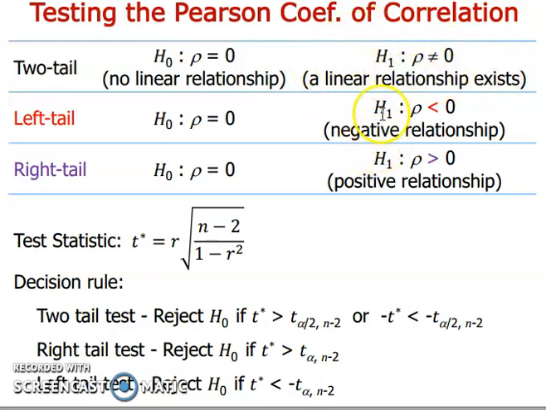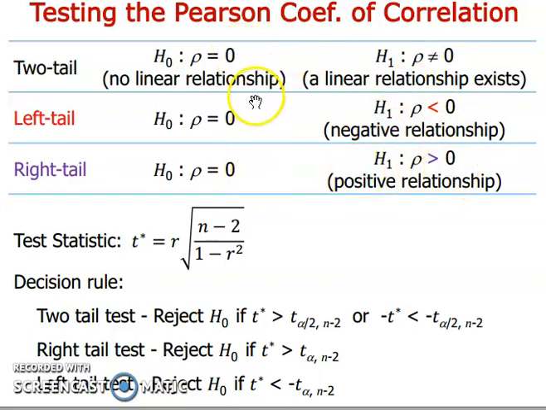If we are able to claim that there exists a negative or positive relationship, then we can state a one-tailed test, meaning that we state in H1 rho less than 0 for a negative relationship and H1 rho larger than 0 for a positive relationship.